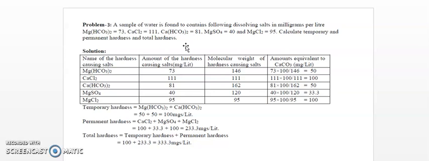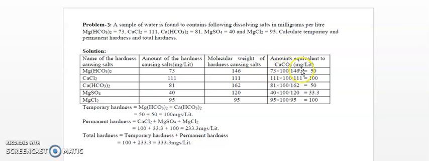Here we have to calculate the calcium carbonate equivalent for all the impurities having different concentrations. Like magnesium bicarbonate, the amount of hardness causing salt, that is magnesium bicarbonate, is 73, and the molecular weight of magnesium bicarbonate is 146.